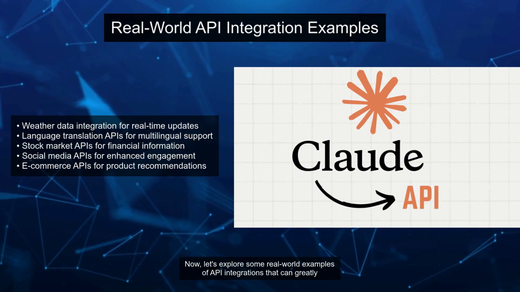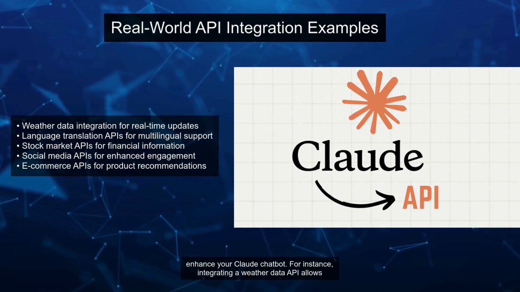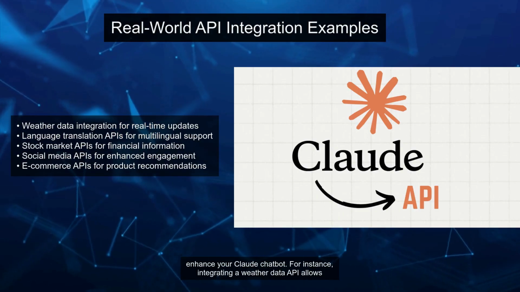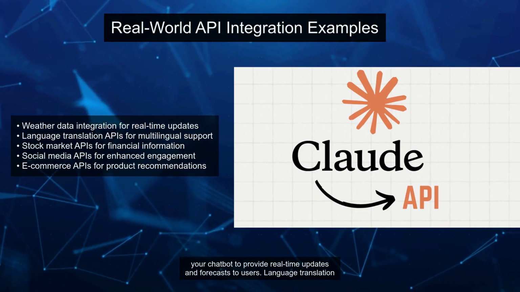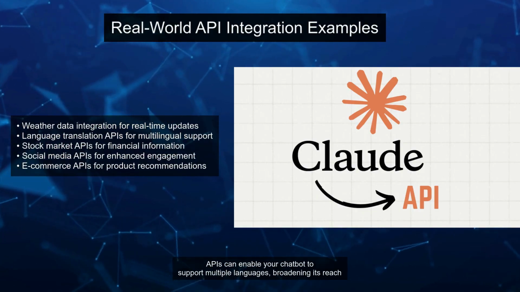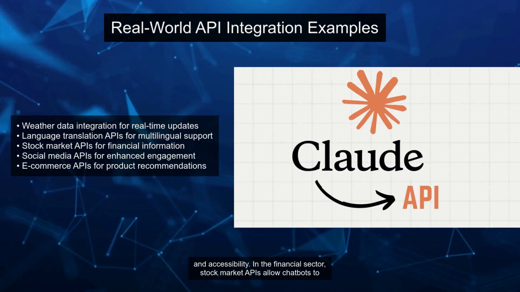Now, let's explore some real-world examples of API integrations that can greatly enhance your Claude Chatbot. For instance, integrating a weather data API allows your chatbot to provide real-time updates and forecasts to users. Language translation APIs can enable your chatbot to support multiple languages, broadening its reach and accessibility.